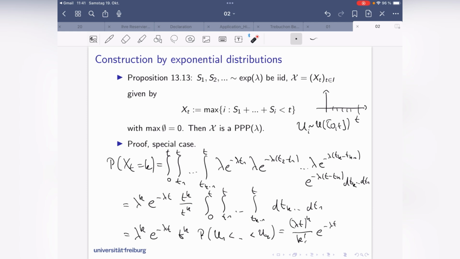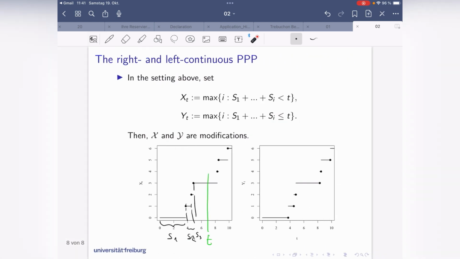So it's something to remember: in the Poisson process, the waiting times to the next event are exponential distributions. And with this slide here, I want to make a last remark, which is connected to the last lecture, where we dealt with modifications of stochastic processes.